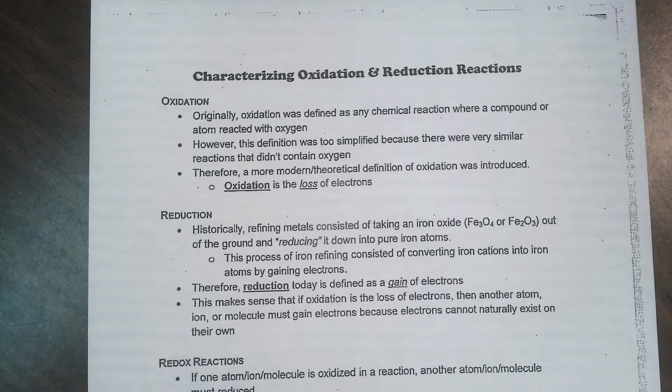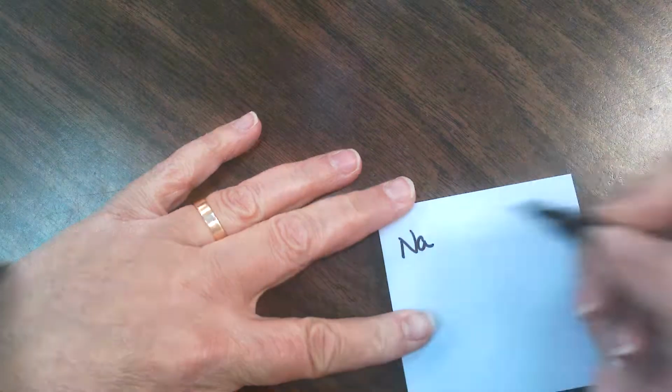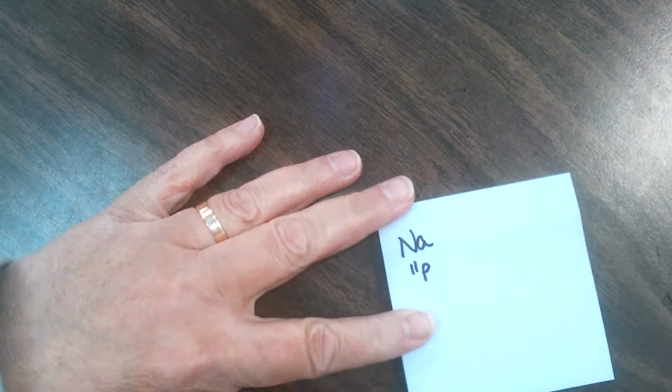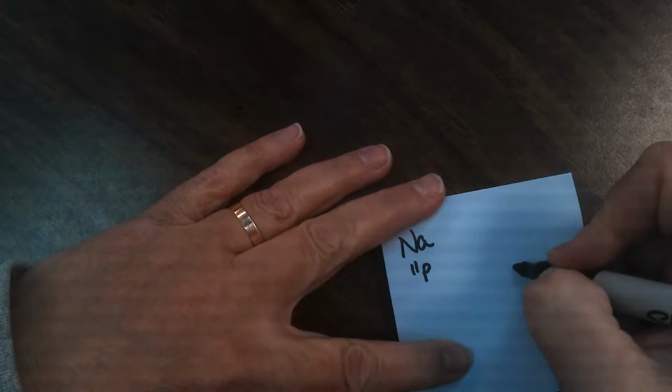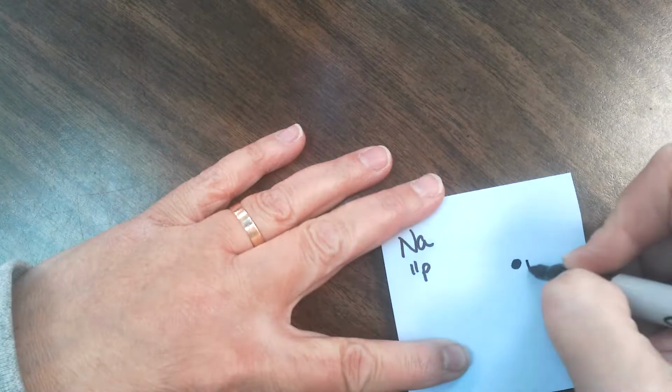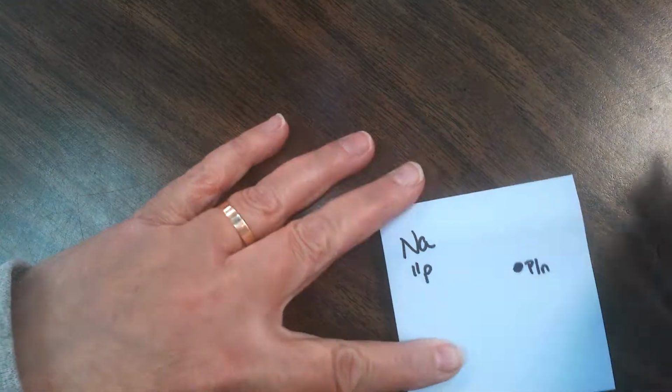So when we turn sodium into an ion, it has one less electron in its outer shell than, say, chloride. Remember, sodium has 11 protons, which means that at the center there's the protons and the neutrons.